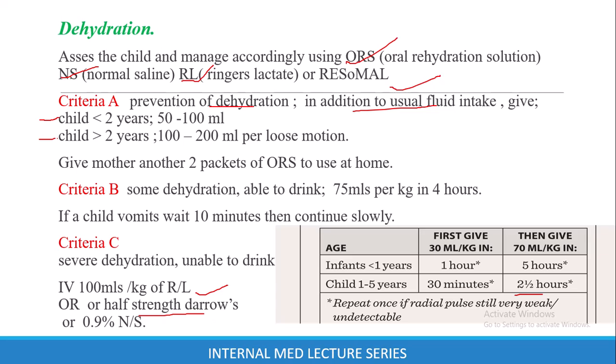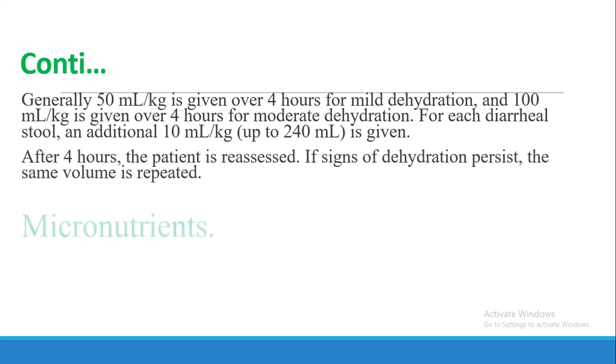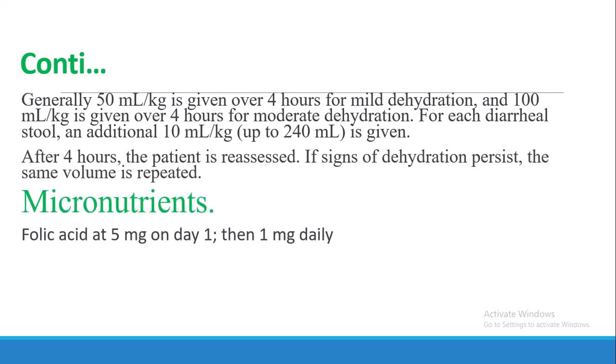After reassessing the state of the child, you reclassify the status of hydration. In case they have moved from one state to another, you also adjust fluids accordingly. We have already finished that part. So for micronutrients, we have talked about reassessing. After 4 hours, you reassess and reclassify.